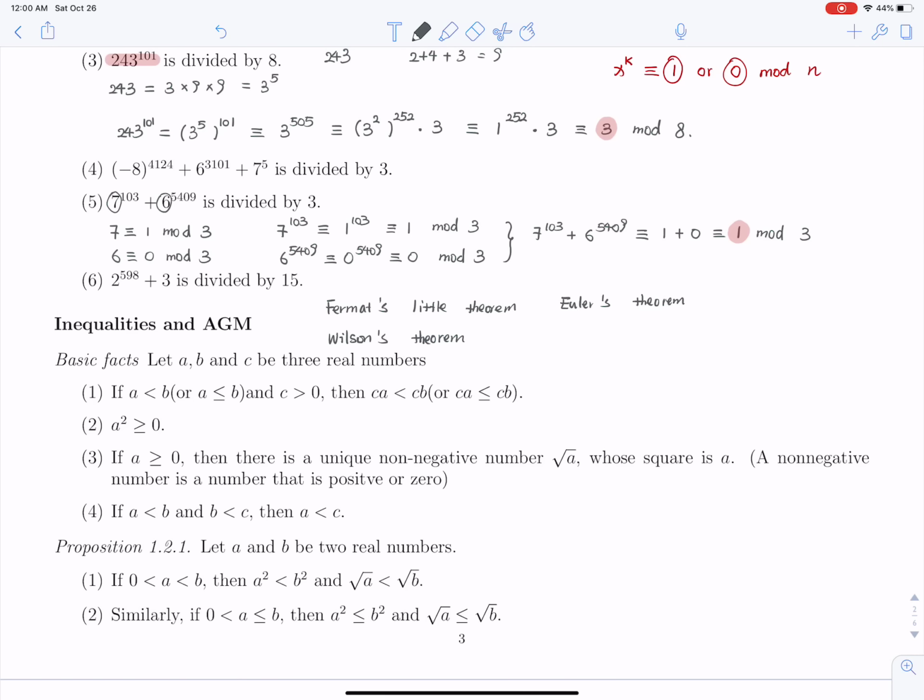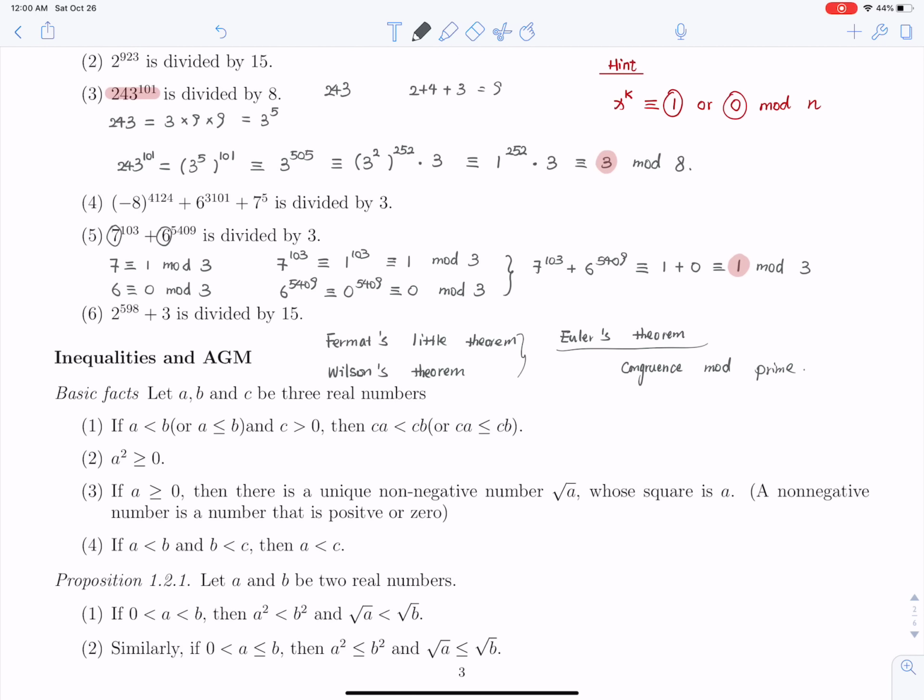Those are all in congruence mod, actually for congruence mod P. P, I mean prime. Okay? Using those theorems, you can compute a lot of really large numbers without using a calculator. It is like magic. I actually like this chapter, modular arithmetic.